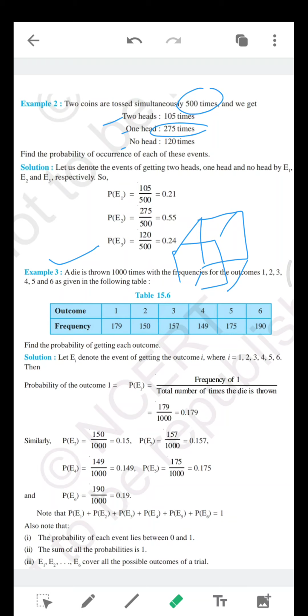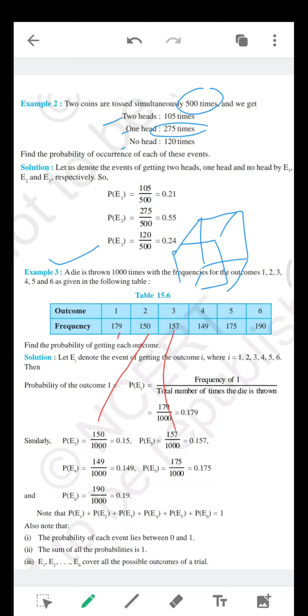Now we have to find the probability of each one of these. Probability of E1, I'll take this as E1, the first one, is 179 by 1000. Then E2, then probability of E3 is 157 by 1000.